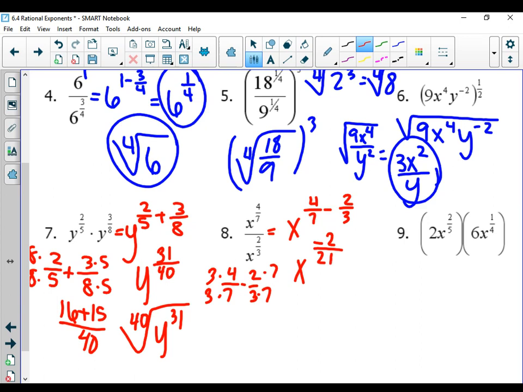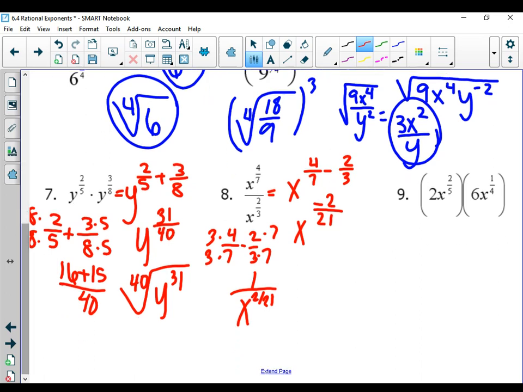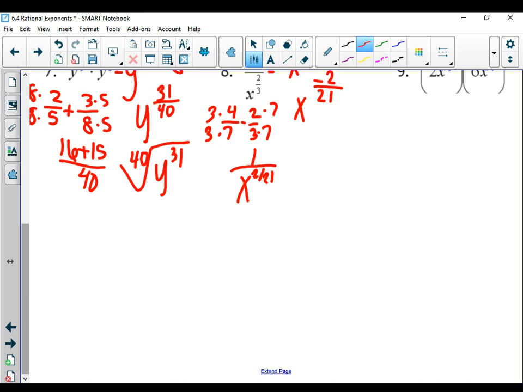Can't leave a negative exponent as our final answer. So technically, this one should be 1 over x to the 2 over 21. But if I have to rewrite that as a radical, that means there is a radical in the denominator. Okay? So this would be 1 over the 21st root of x squared.